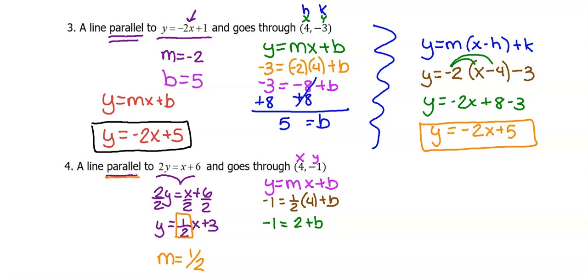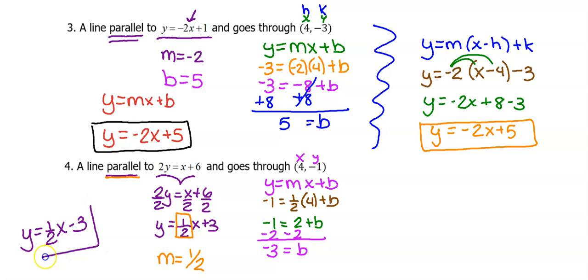And when I subtract that 2, I'm going to get -3 equals b. So my equation would be y equals, put the slope in front, 1/2 x minus 3, because again, you don't need to put a plus, a negative.